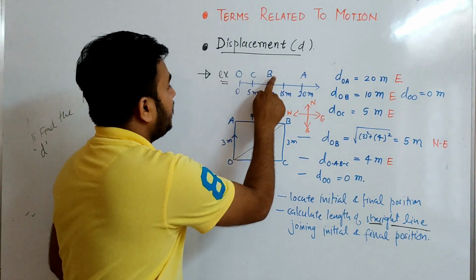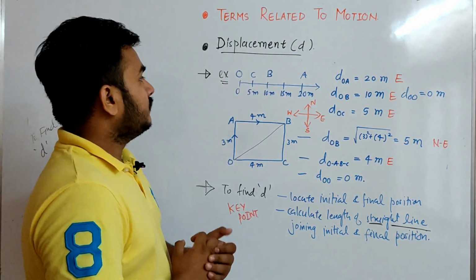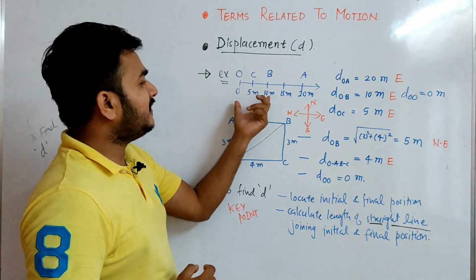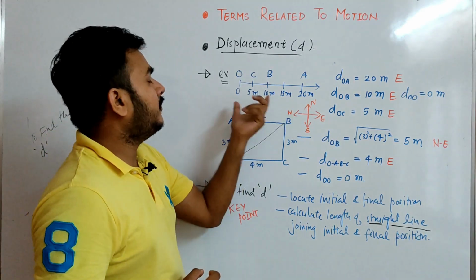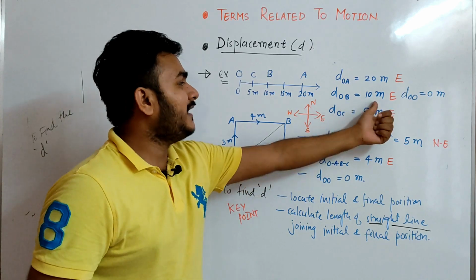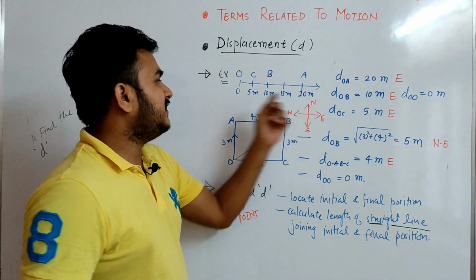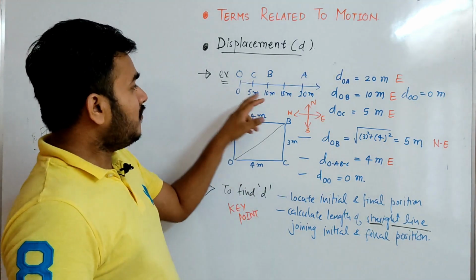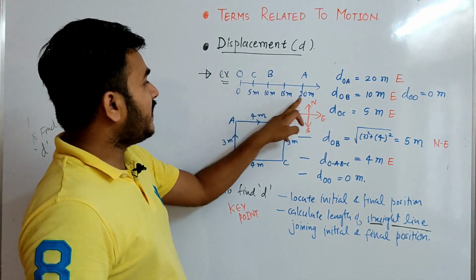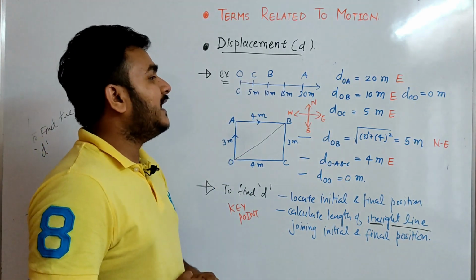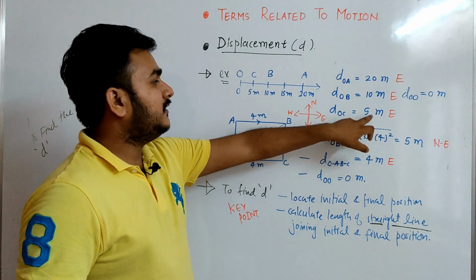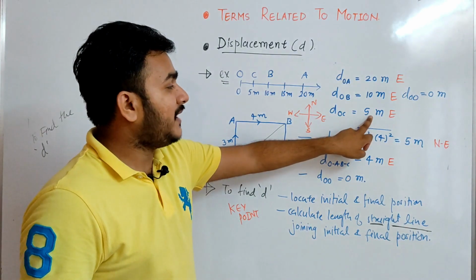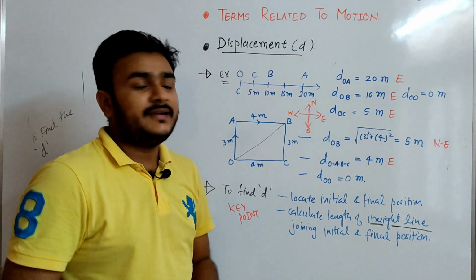They are O and B. So between O and B, what is the displacement? That is 10 meter, and with respect to O, the direction is towards the east. Now for the journey O to A to B to C, you can see that the displacement is 5 meter in magnitude as well as east in direction.